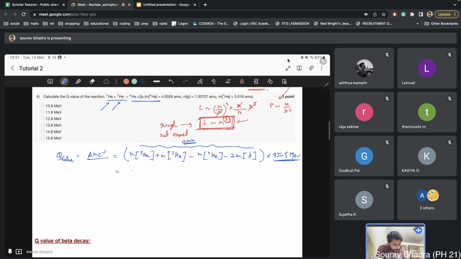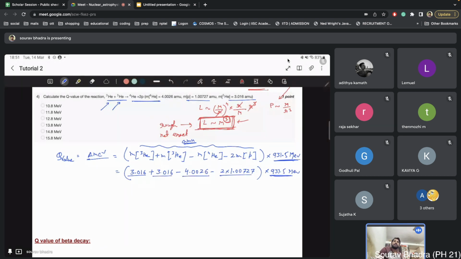Now if you put all the values which are given, it is just a value-putting problem. 3.016, 3.016, minus 4.0026, minus 2 times 1.00727, times 931.5 MeV. These are all in AMU, as we are multiplying with 931.5.